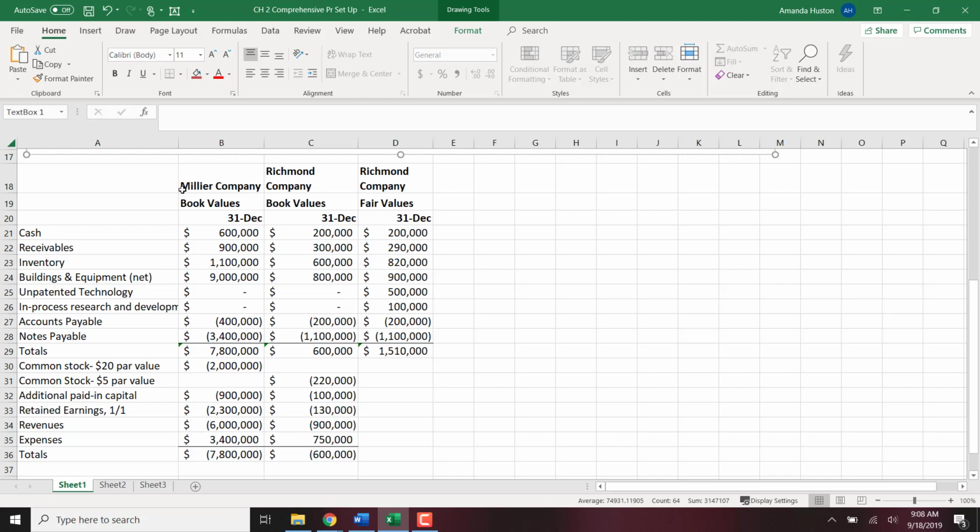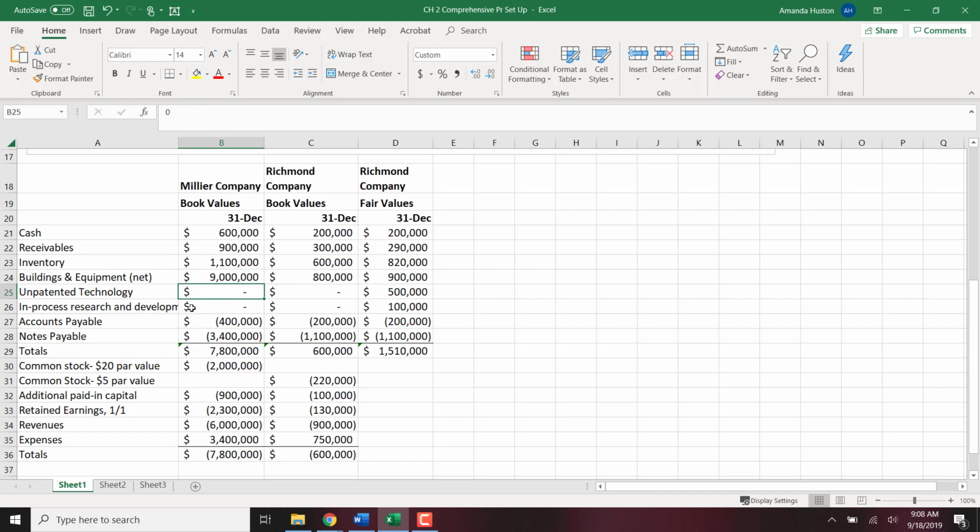Okay, so I just talked a lot about a bunch of information, but let's go over the book values of both companies on the date of acquisition. We have Miller Company, whose book value is $600,000 in cash, $900,000 in receivables, $1,100,000 in inventory, and $9 million in buildings and equipment net.